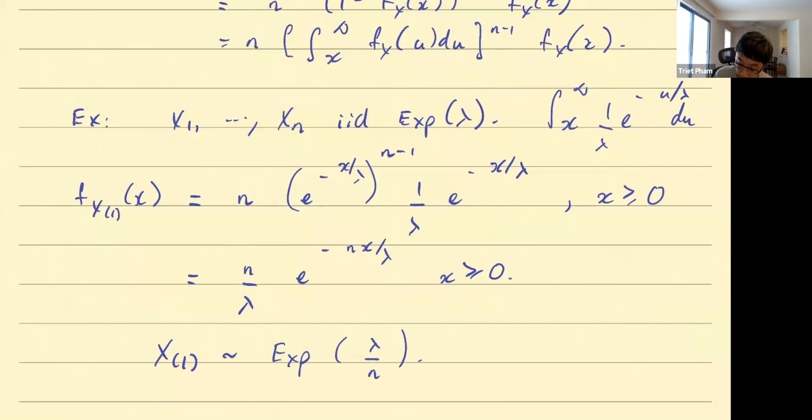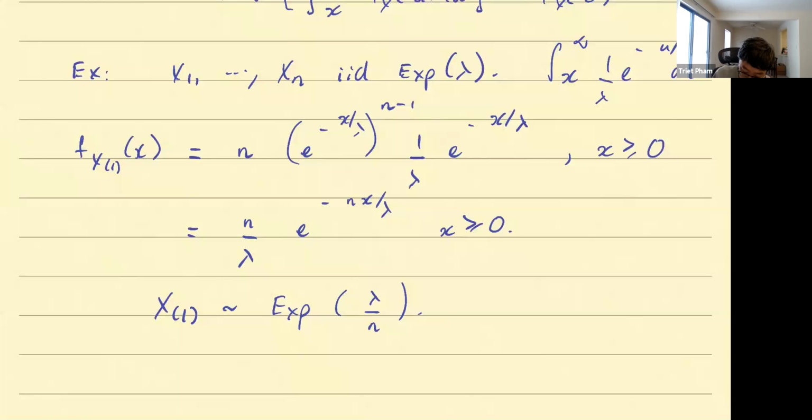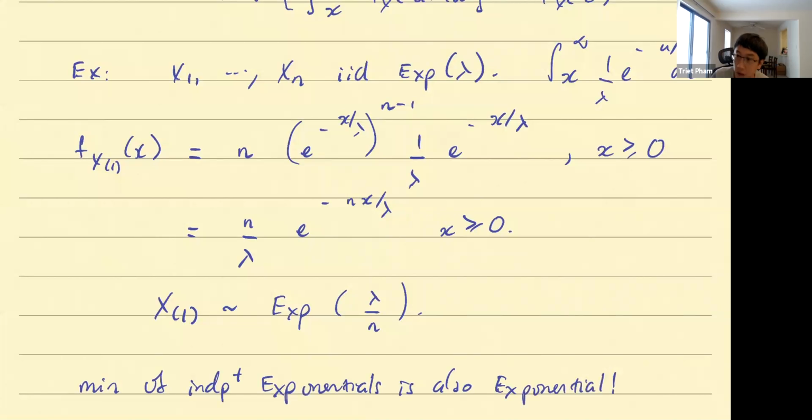So that actually, this calculation shows a very special property of exponentials. The minimum of independent exponential distributions is also exponential. Okay.